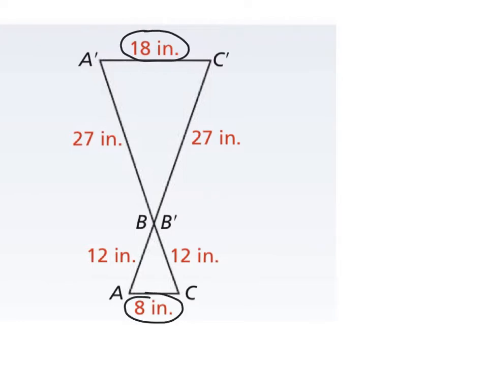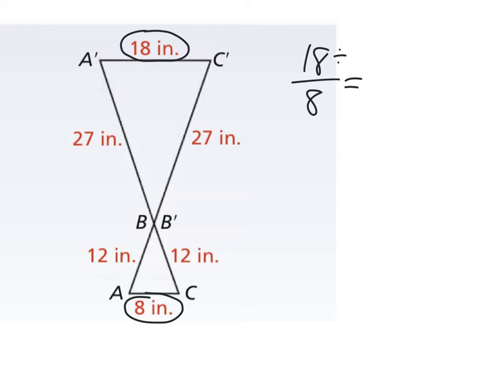Okay, so maybe if we look at the AC and A prime C prime, I like to put normally the bigger number over the smaller number, but if you want to write it the other way and just reduce your fraction, you can do that as well. Either way is fine. So we've got an 18/8.